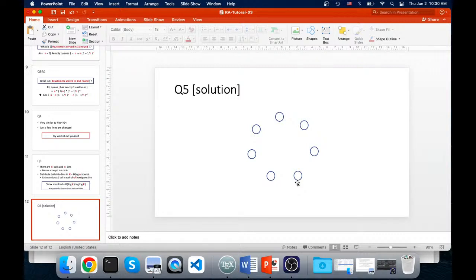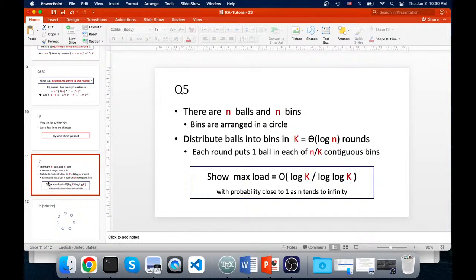But there is still something missing, because we are talking about the maximum load for these bins, but not the maximum load of the original bins. They are still related.